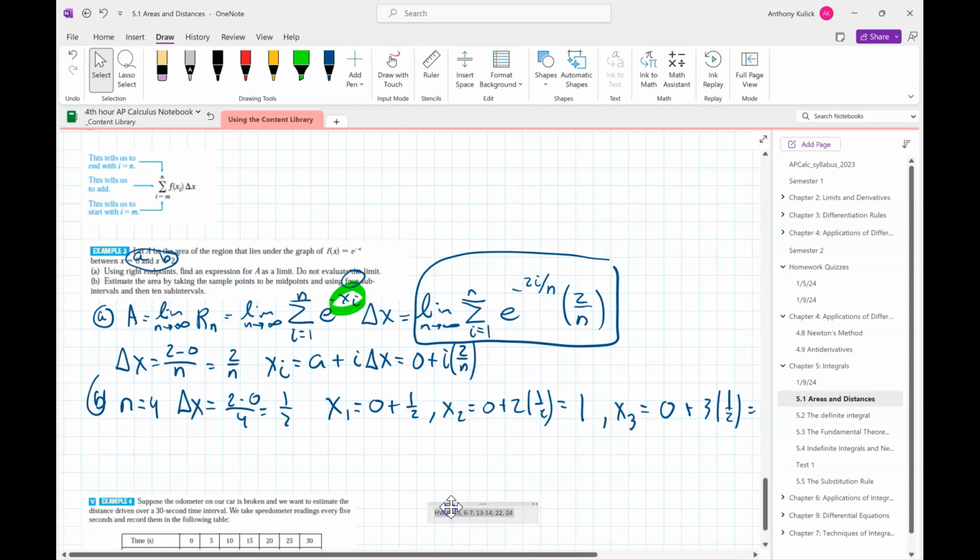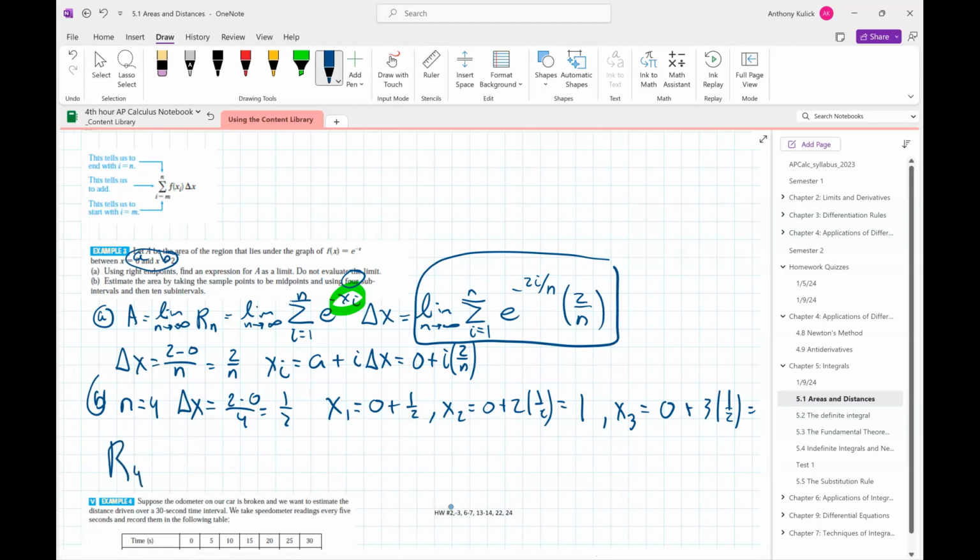Hold on, guys. So R4 is going to be e to the negative 1/2 times delta x, 1/2. And then we'll have e to the negative 1 times delta x.